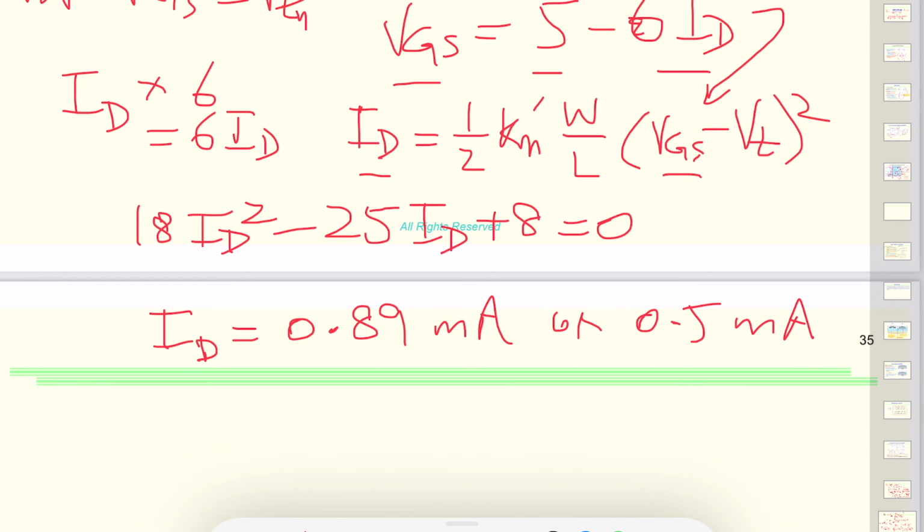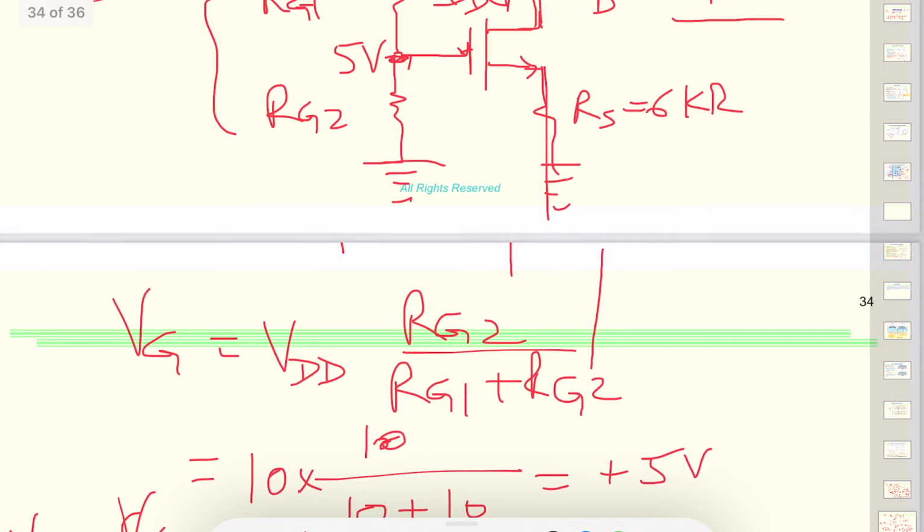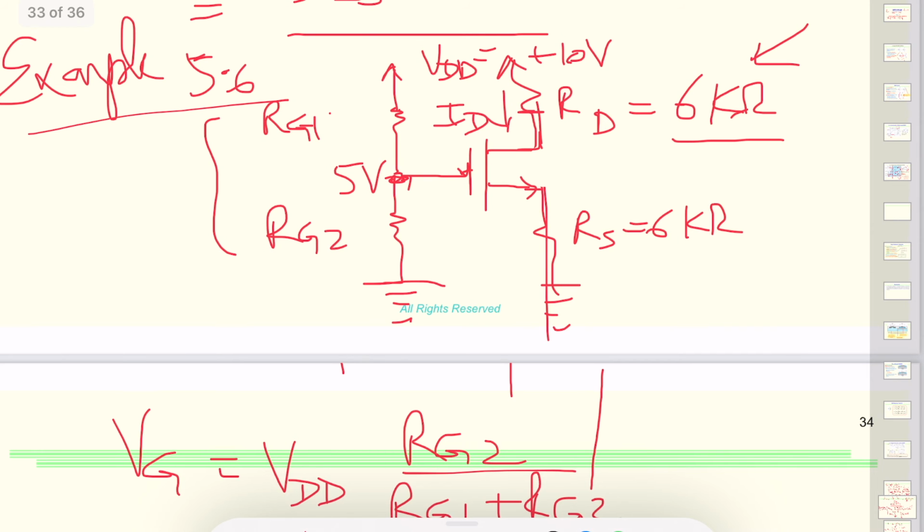So we can plug in the values and see if it makes sense. If we take 0.89 as the drain current, the source voltage would be 0.89 times 6, which in that case would be 5.34 volt.